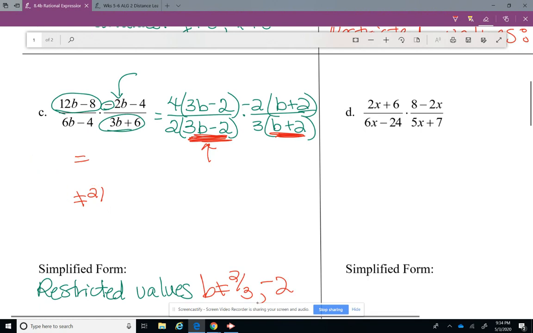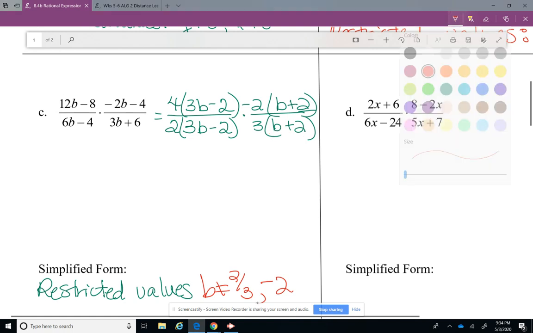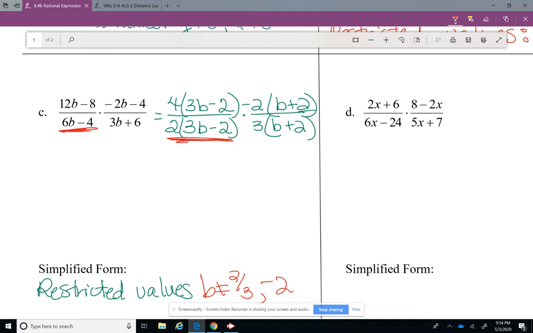It didn't matter which one you set equal to 0, because 6b minus 4 is equal to the same thing, and 3b plus 6 is equal to the same thing. And you haven't canceled yet, so we just went ahead and did the restricted values first. All right, now we're going to do some canceling.